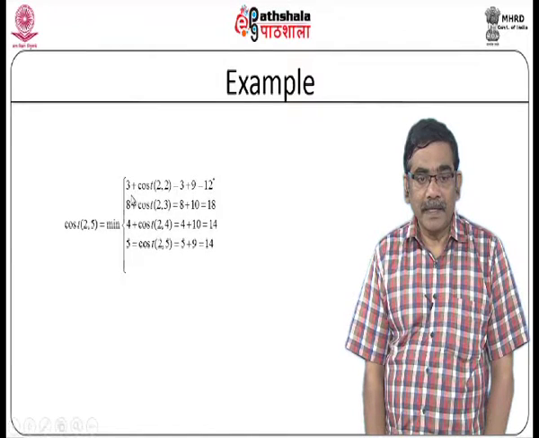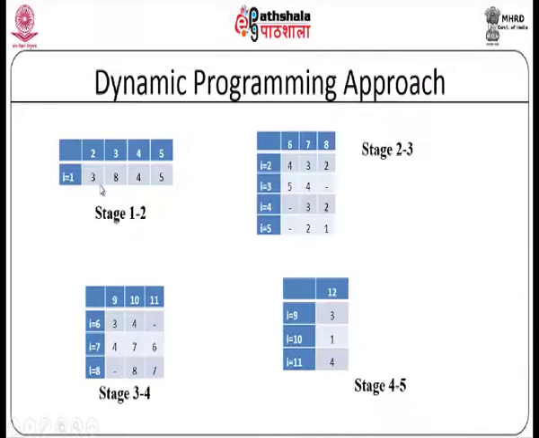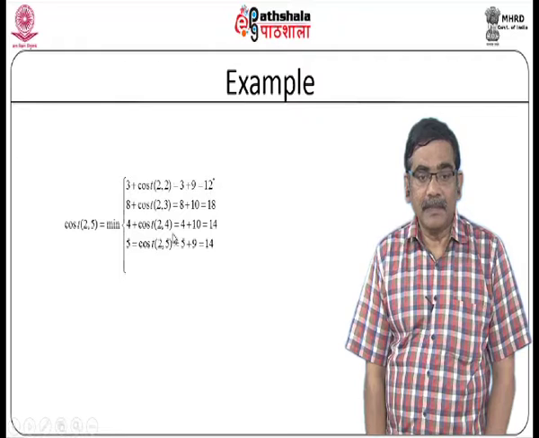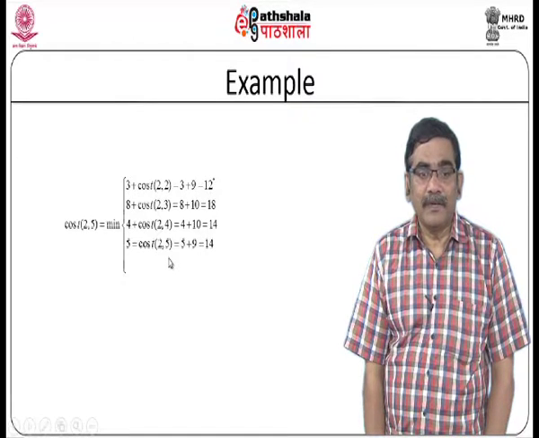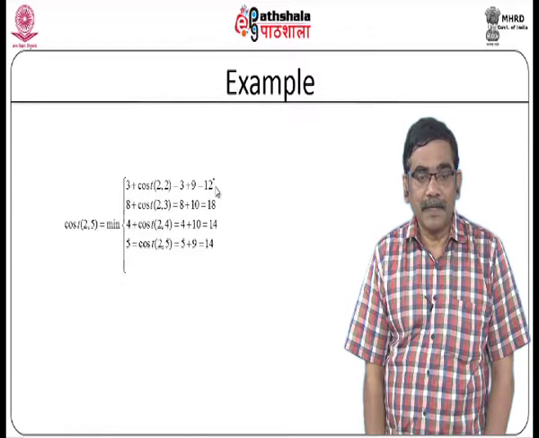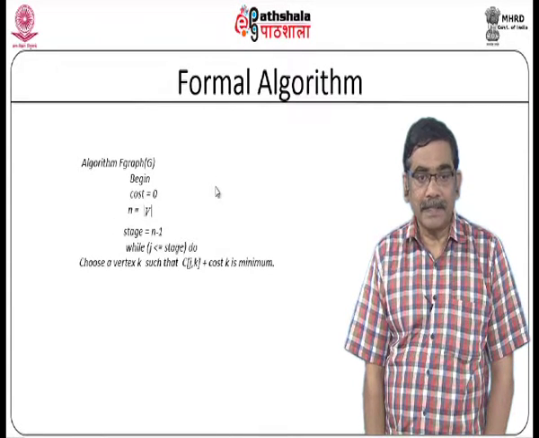You can see from this particular table that 1 to 2 is going to be 3. Therefore, it becomes 3 plus cost of 2 comma 2, 2 comma 3, 2 comma 4, 2 comma 5, which you found in the previous iteration. Substitute everything and find the minimum, that is going to be 12. So, this is going to be the shortest path from source to destination.